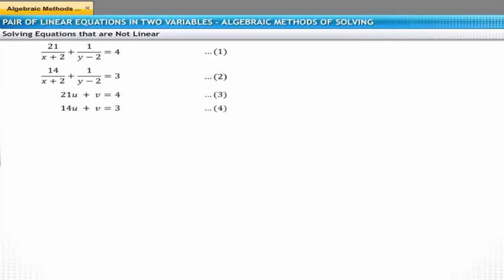So the two variables in the pair of linear equations are u and v. Now, using any of the three methods, we can solve for u and v in this pair of linear equations.